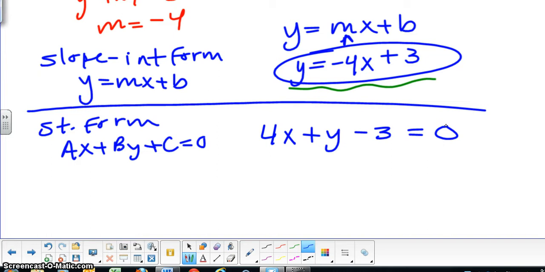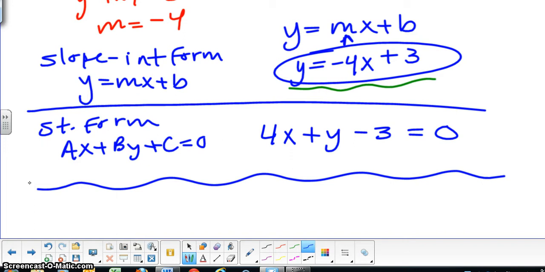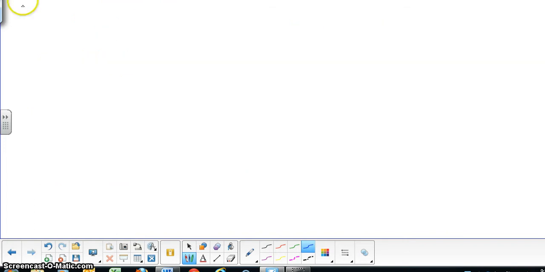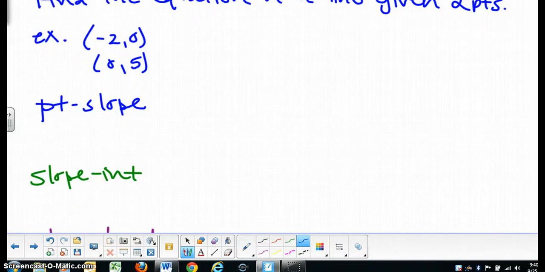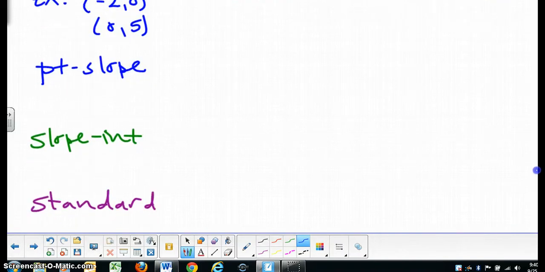Okay, so now I'm going to let you practice a couple of them, and then that's where we're going to start in class to see how you did. So go ahead and push pause after I write them down and solve, and then I'll show you tomorrow the answer. The first one I want you to do is find the equation of a line given 2 points and find the point slope, the slope intercept, and standard form.